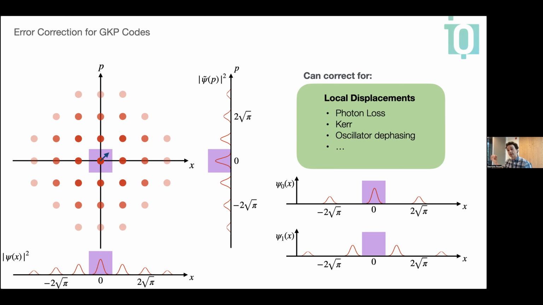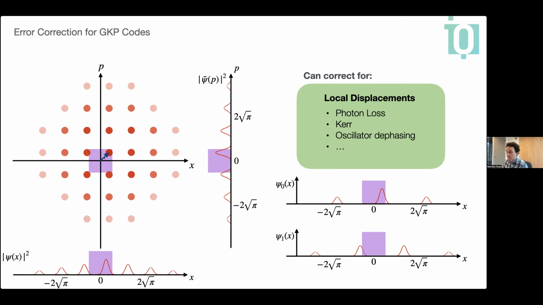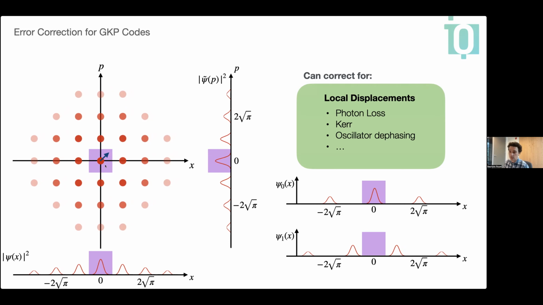And this code can exactly correct for all small displacements that are inside the unit cell of the lattice. It works that way. Say you have some displacement like this. To do error correction, you measure the position within the bin, and then you just apply the reverse to snap the grid back into place.